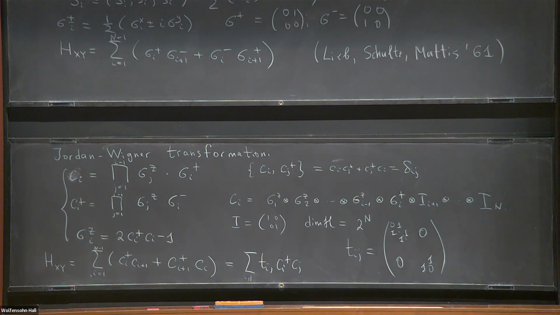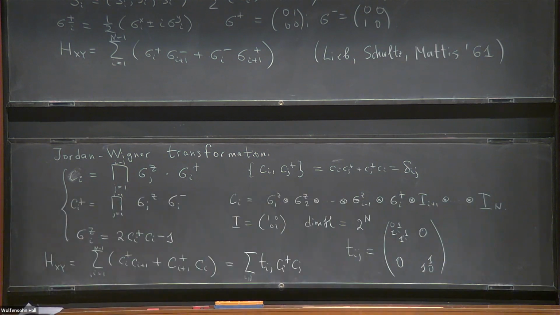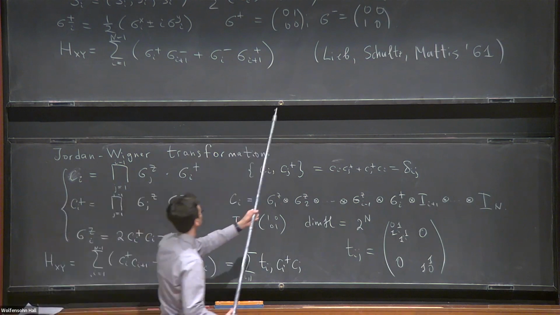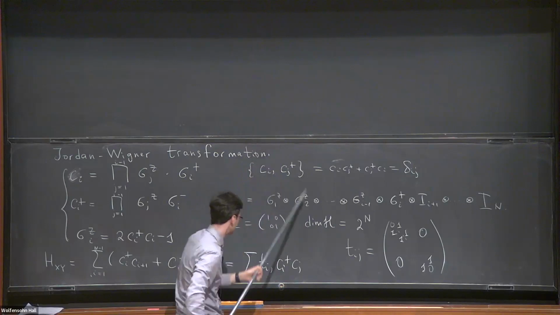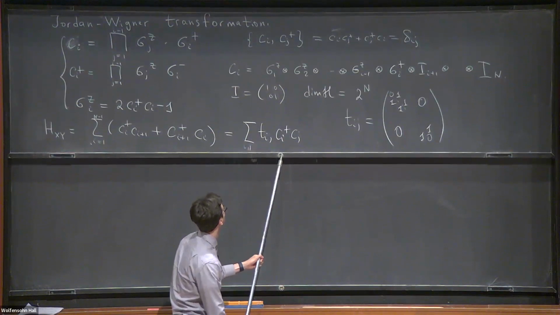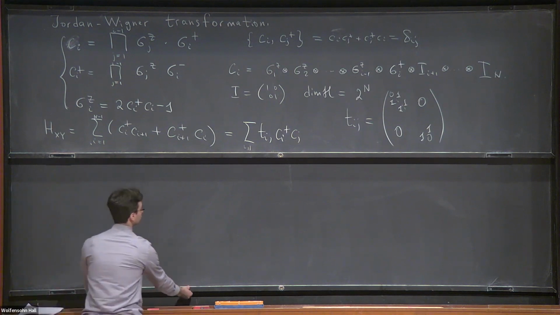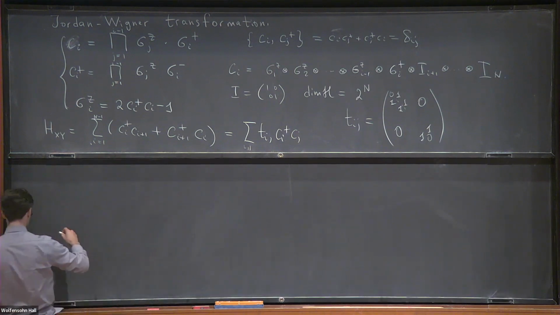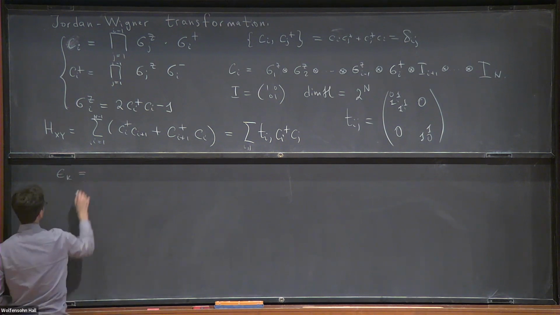So now to solve this system, I need to diagonalize this matrix T_ij, which can be done exactly. For the final solution, I just need to diagonalize this matrix T_ij, and the spectrum of this matrix I call epsilon_k.